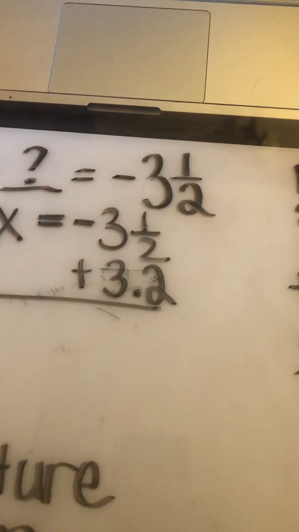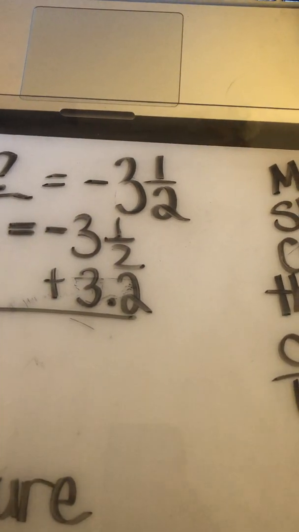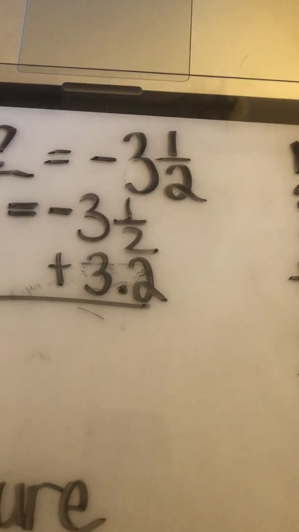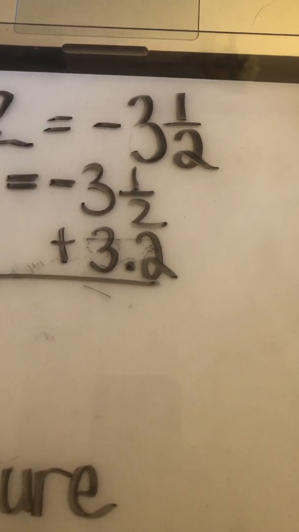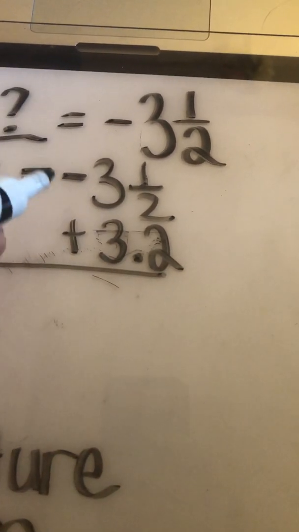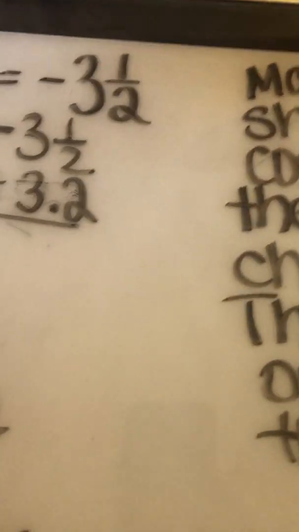Now, some of you were saying you don't have calculators that do mixed numbers. There was the link that was provided on Monday and Tuesday's lesson for a fraction and decimal calculator. You can use that. This fraction, this mixed number, I just know negative 3.5 is the same as negative 3.5.